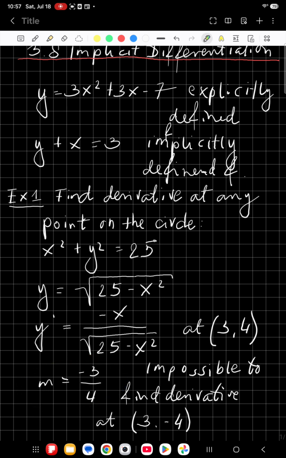And that wouldn't be true. That wouldn't work. So we need to have a way to plug in that negative 4, and that's what implicit differentiation will help us with.